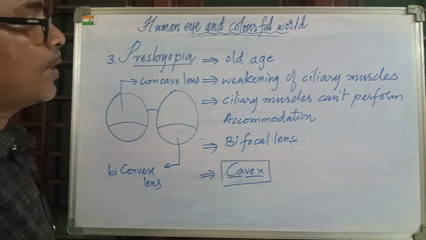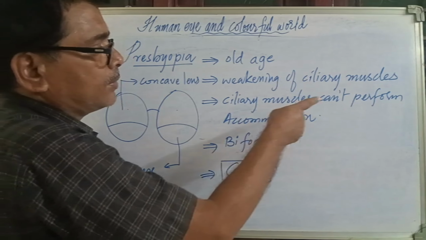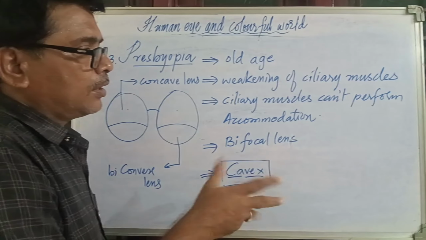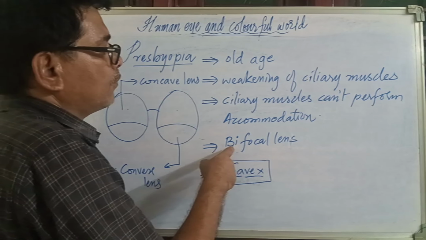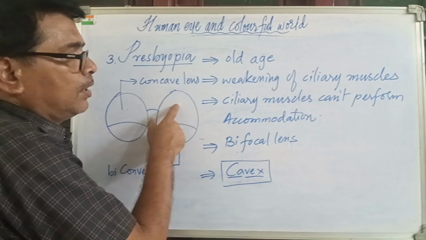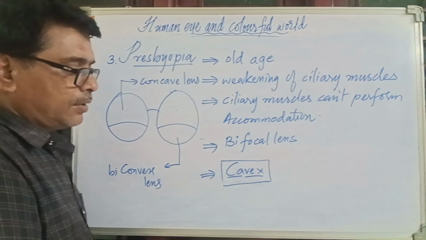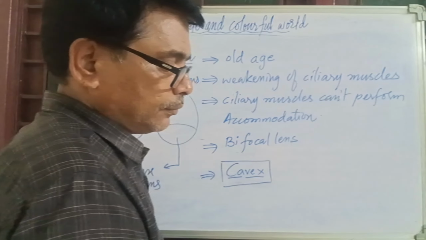This is about presbyopia. It occurs in old age due to weakening of the ciliary muscles. Ciliary muscles cannot perform accommodation, that means adjusting the focal length. Therefore, a bifocal lens is given: on the top it will be concave to correct long distance sight, and down it will be convex to correct very near sight.